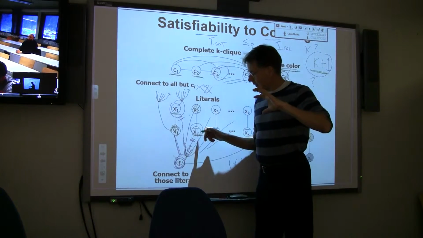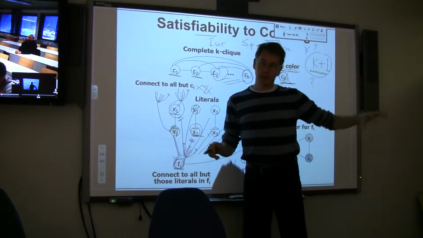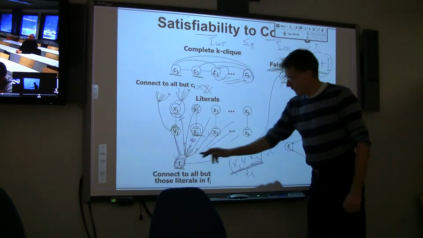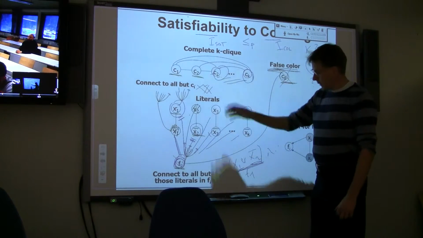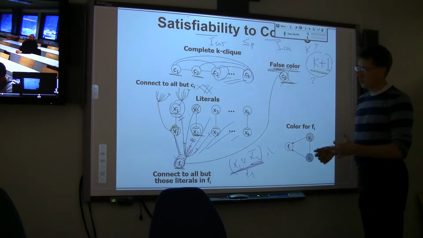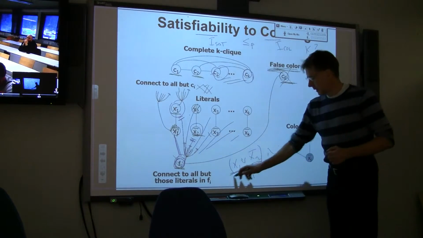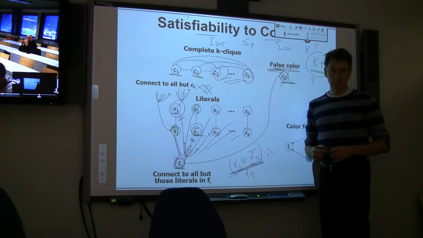If one of them is available, then I can color it. Otherwise, I would need k plus 2 colors. And this way, I model all the terms, build all the connections, and it forces me to choose. And I will find the coloring only if the corresponding equation is satisfiable.